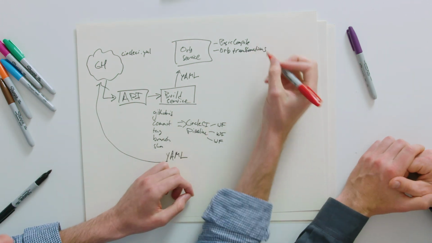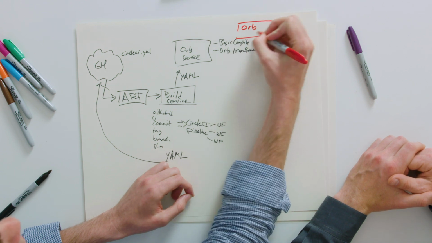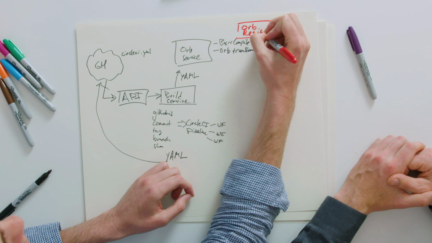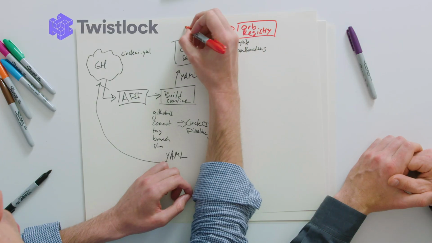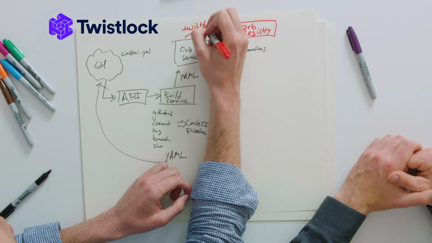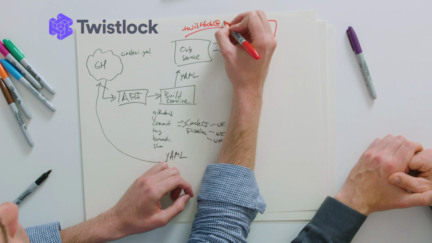So the orb itself, we do have something called our orb registry up here. And the first thing we're going to do is say, I've got Twistlock, right? So we've got a Twistlock orb, and that'll be at some version, right?